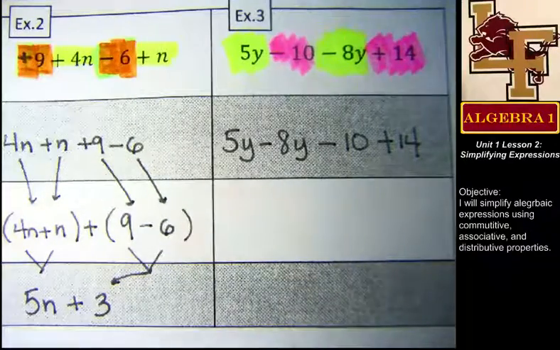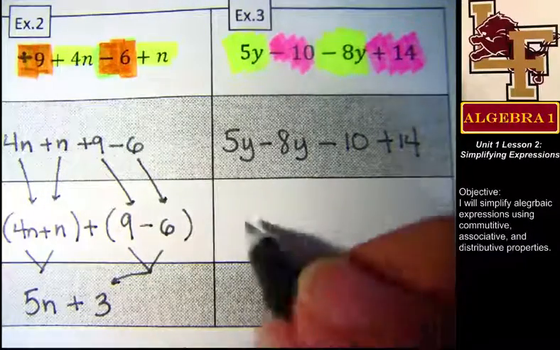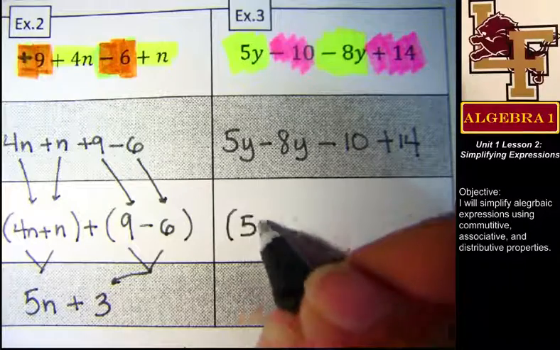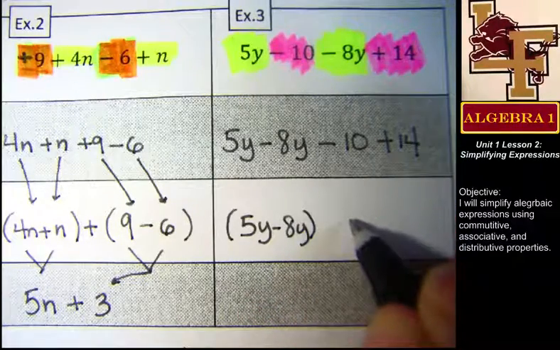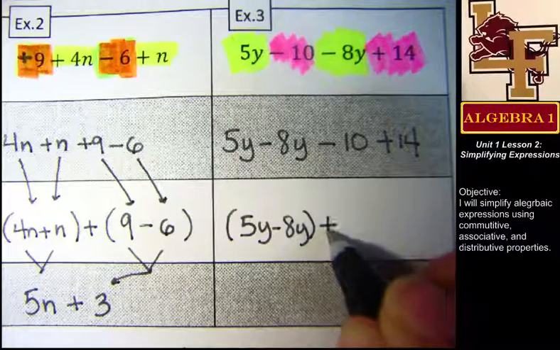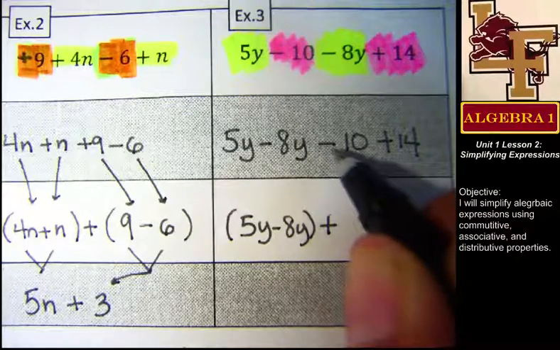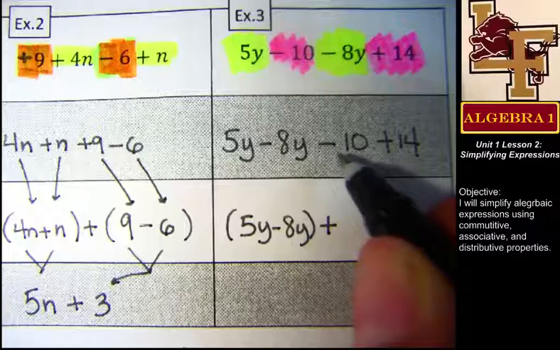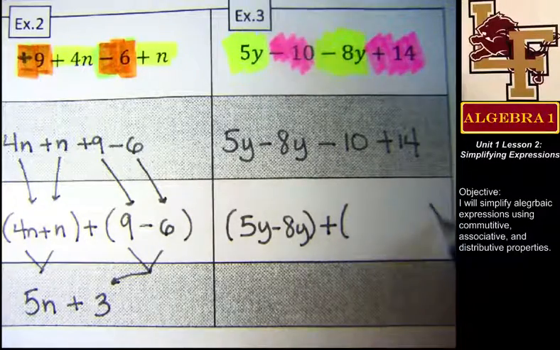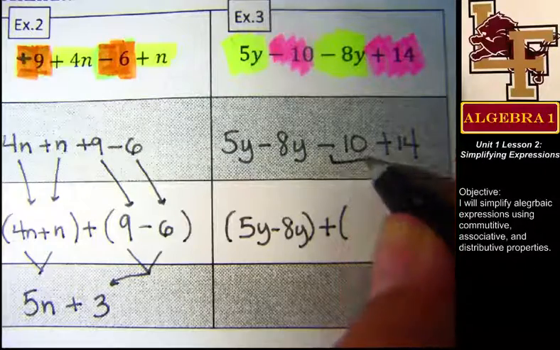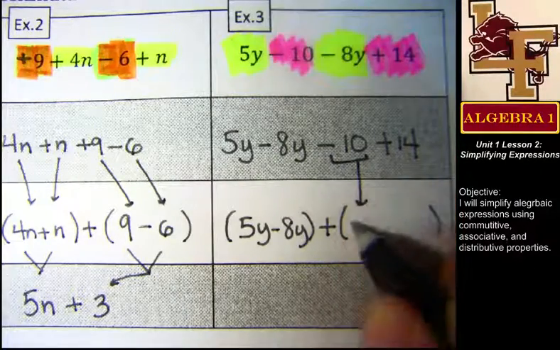I'm going to associate them by putting them into groups. Yes, sir, with parentheses. I'm getting ready to make another group. I'm going to put a plus sign. I know that the next symbol is a subtraction. I get it. But between your groups, put a plus. And now I can grab this entire term as it is and throw it right in there.